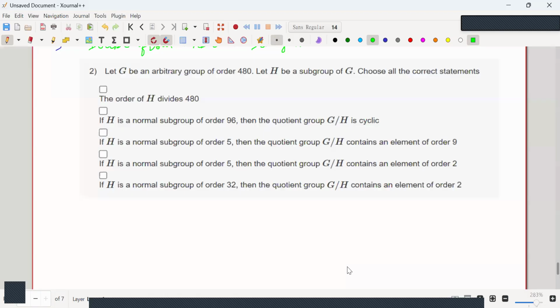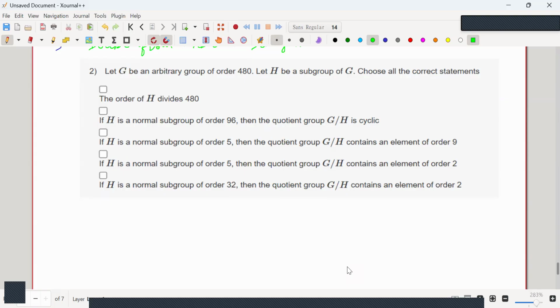So is this true or false? I know that this is true, but I don't know why. See, you don't have many sufficient conditions for a group to be cyclic.